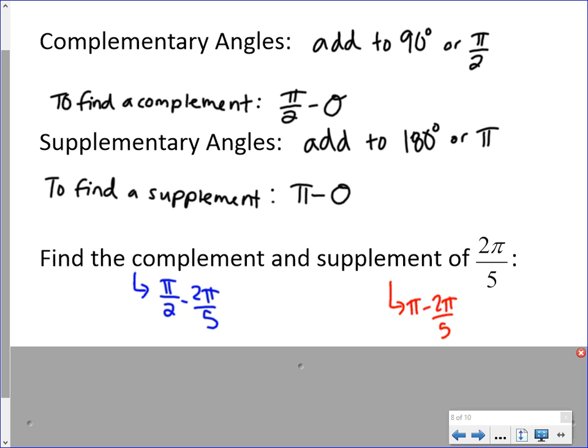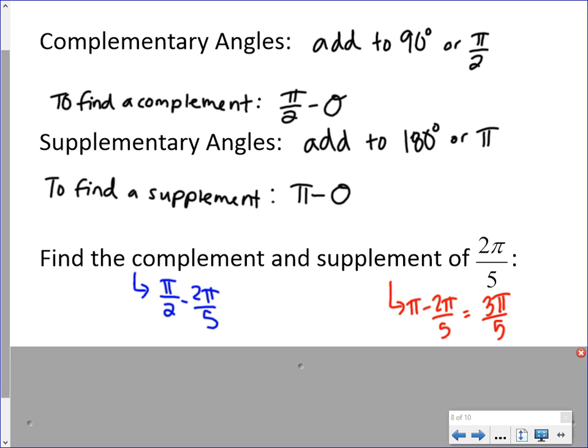I mean, essentially, we're going to take the thing that they should add up to and then subtract the piece that we know. So the easiest one there to me is pi minus 2 pi over 5, the supplement. You take 1 pi minus 2/5 pi. How many pi's are left? 3/5 pi? Because 2/5 pi and 3/5 pi would add to make 1 pi.